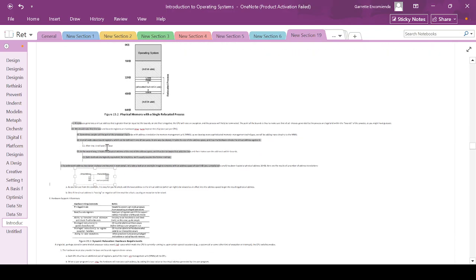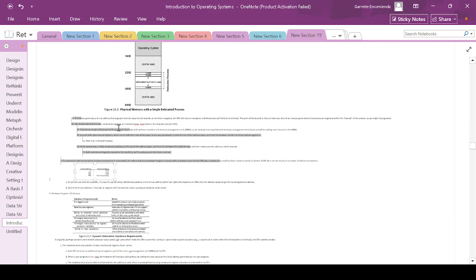If a process generates a virtual address that is greater than or equal to the bounds, or one that is negative, the CPU will raise an exception. So not just greater than, but also equal to the bounds, because if it's equal to the bounds, it means that we also hit our limit.